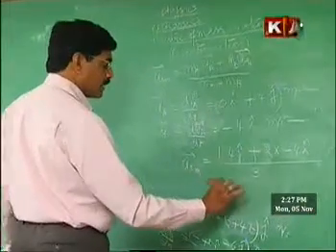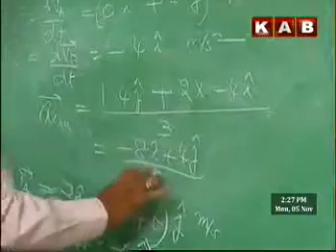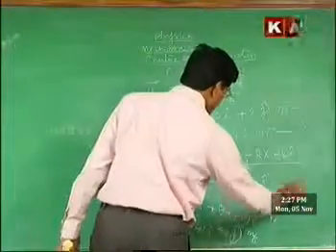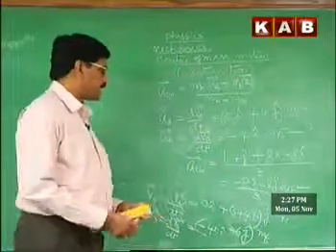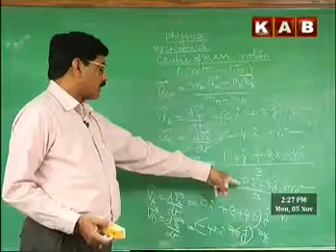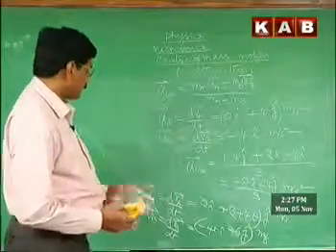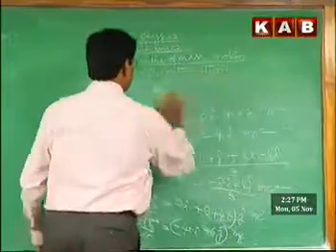That is (minus 8i plus 4j) by 3 meters per second square. So this is how we calculate the instantaneous acceleration, which happens to be the same at every instant, therefore it is a constant acceleration.